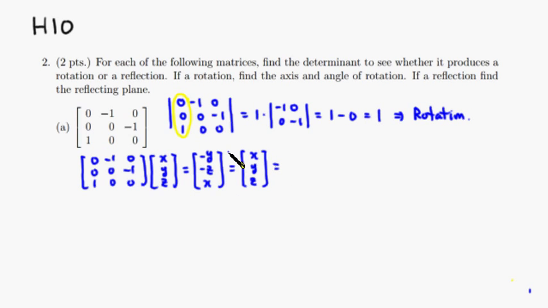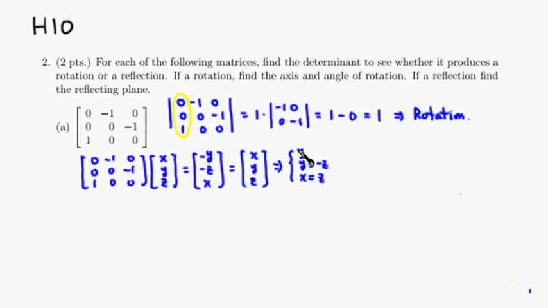So we got this equation, right? We want x equals z, so that's easy. This one says that y is negative z, so y equals negative z, and this one says that y equals negative x, which is the same thing.